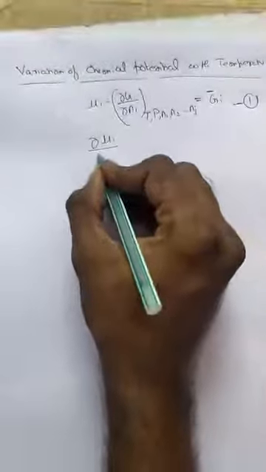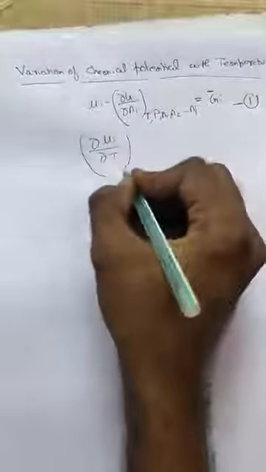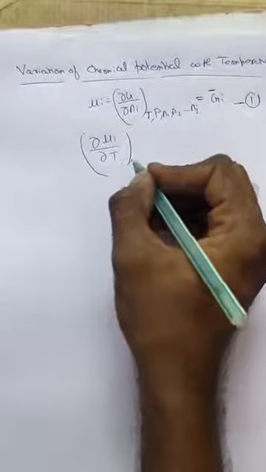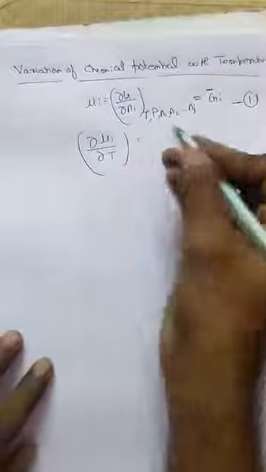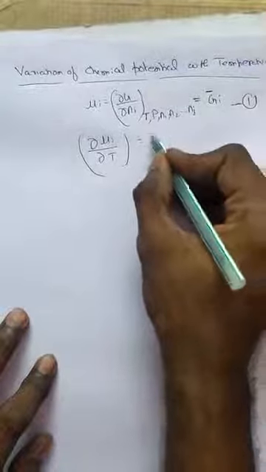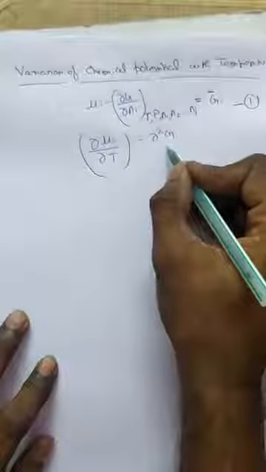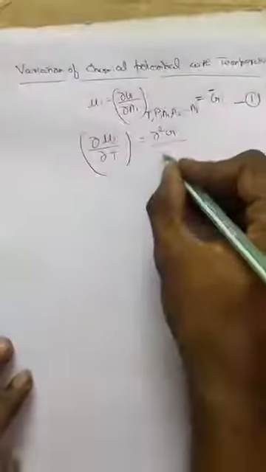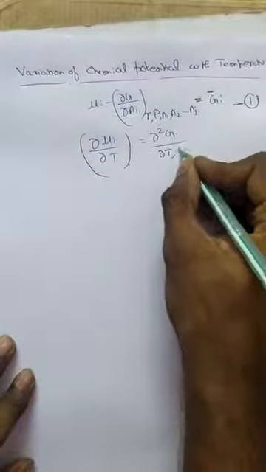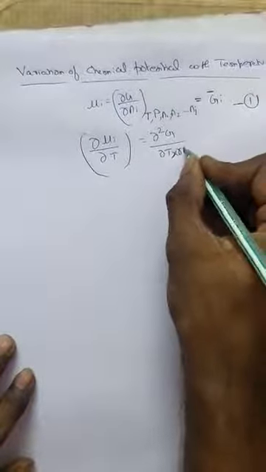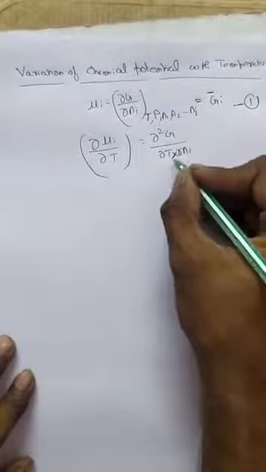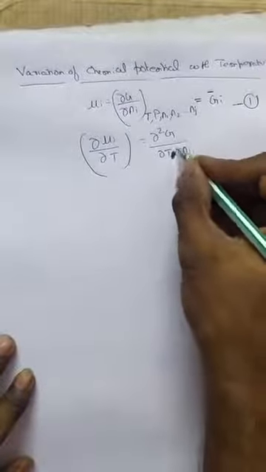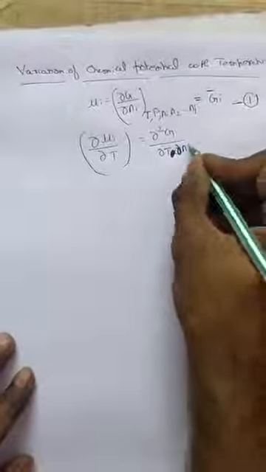So, ∂mu i/∂T would be equal to ∂²G/∂T∂Ni, because we are differentiating ∂G/∂Ni.